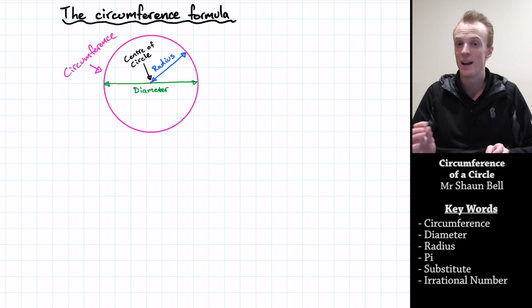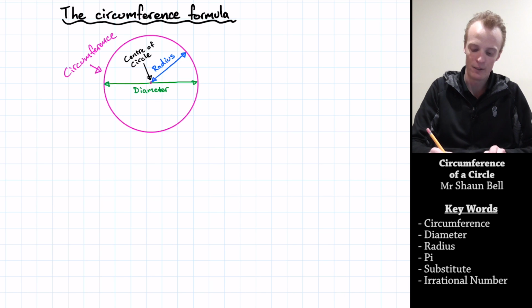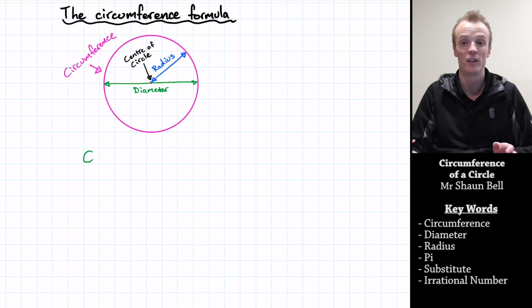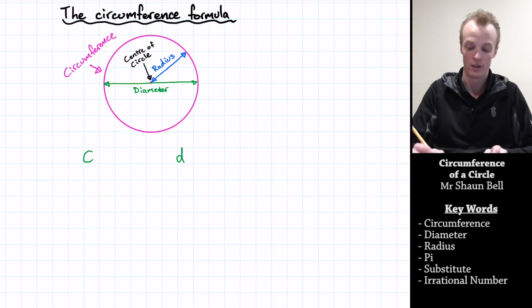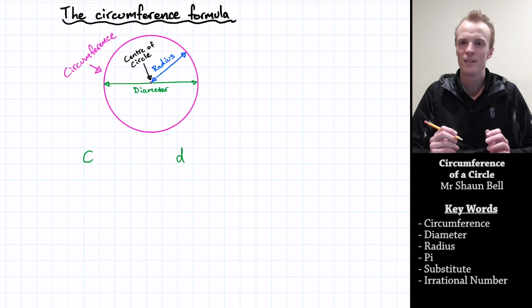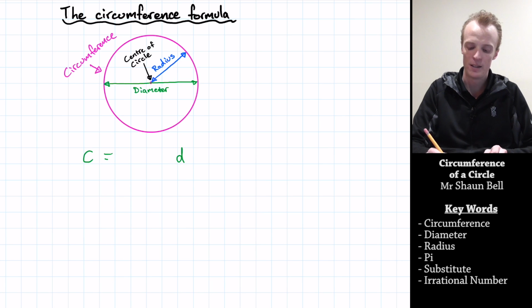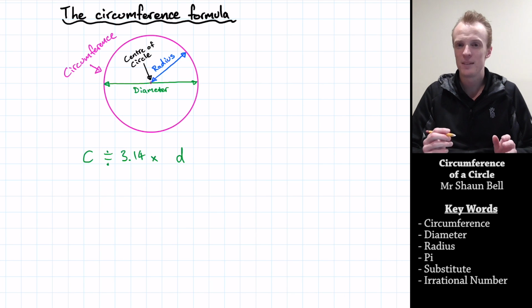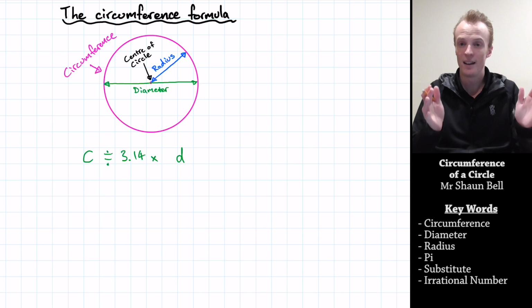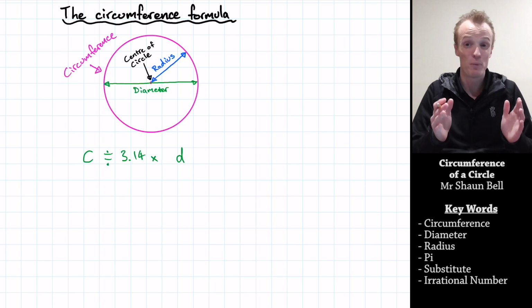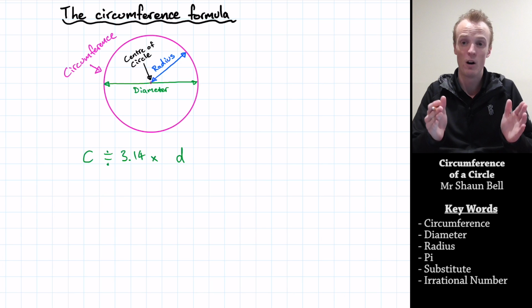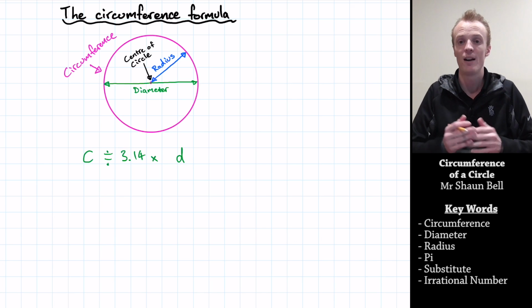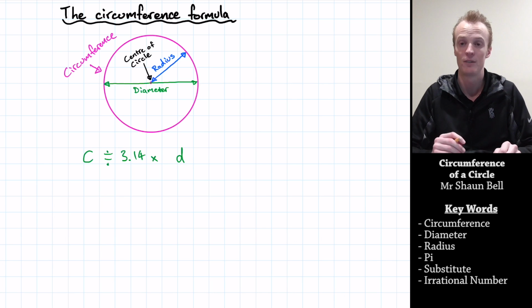Now if you were to first draw any size circle, and then accurately measure the circumference of the circle, which I'm going to label as C here, and then accurately measure the diameter of the circle, which I'm going to label D here, you would find that the circumference of the circle is approximately 3.14 times bigger than the diameter. So what I'm saying there is, if you were to take the length of the diameter, you would fit approximately 3.14 of those lengths inside the length of the circumference of any given circle.